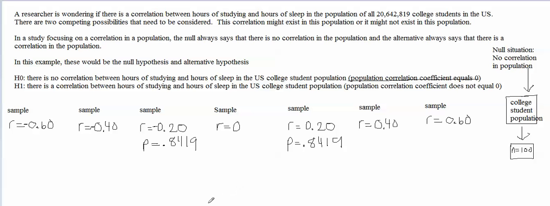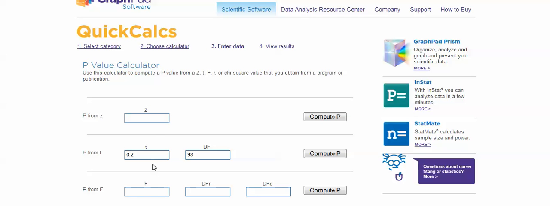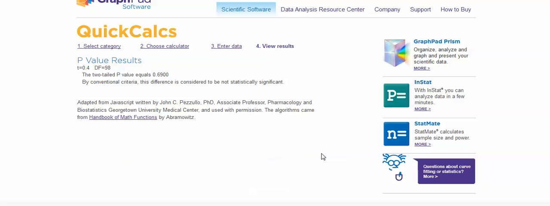What about 0.40? Our df hasn't changed because our sample size is still 100. It's 0.69.